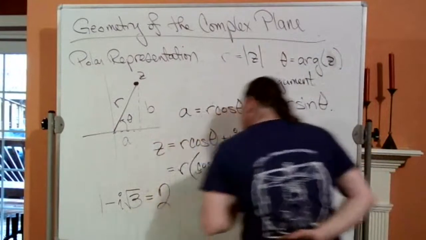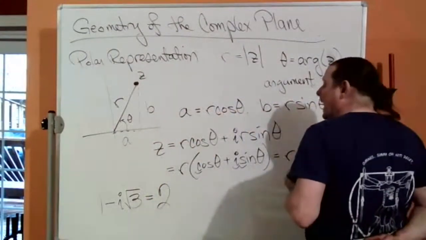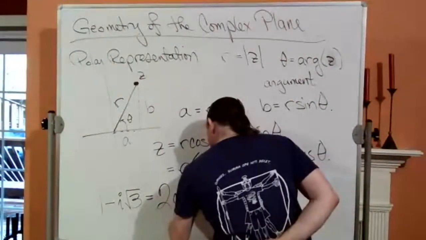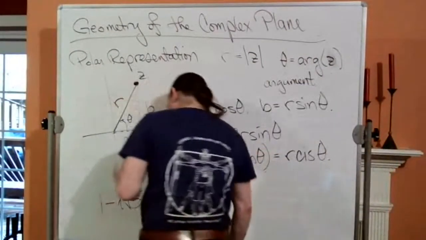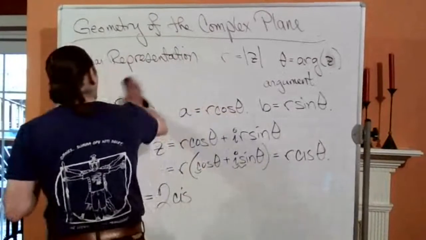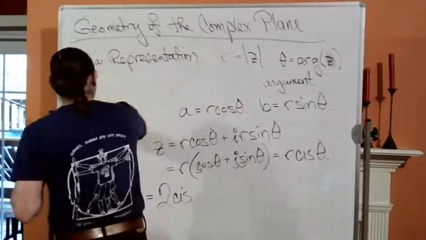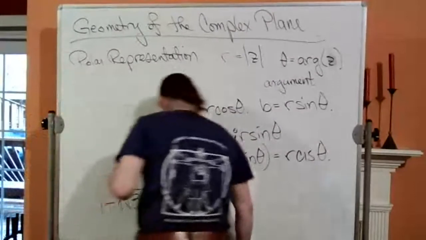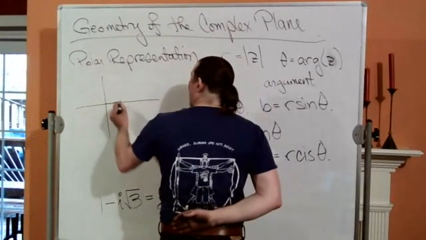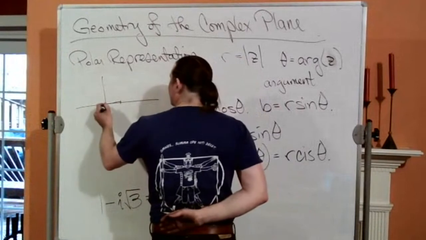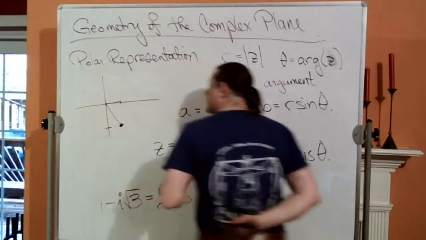The square root of 4 is 2. And now I need to do cis. I need to figure out what my argument is. I go 1 over and the square root of 3 down.